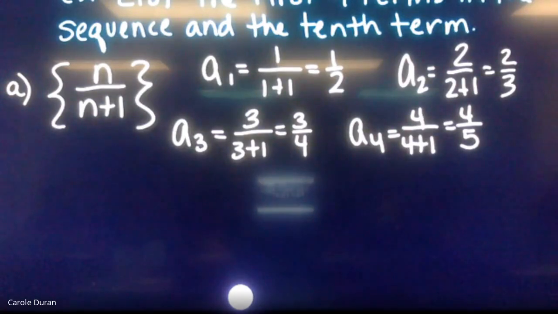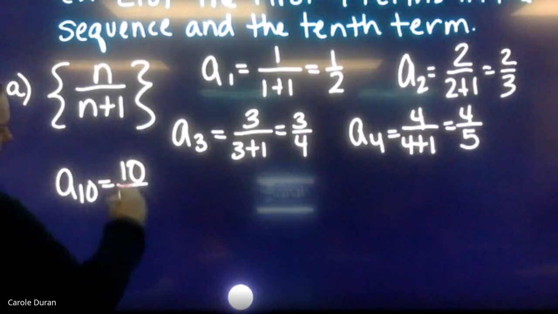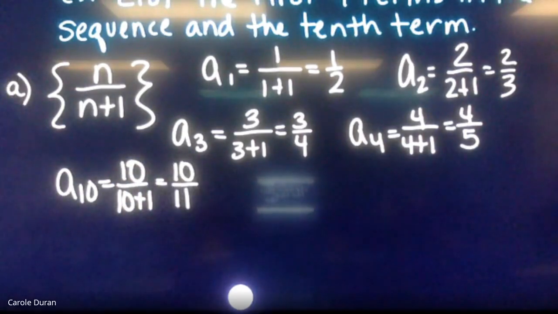I have another question for you. Do I need to know the first 4 terms in order to find the 10th term? No. How do I find the 10th term from here? I just plug in 10 for n and solve it. So my 10th term is going to be 10 over 11.